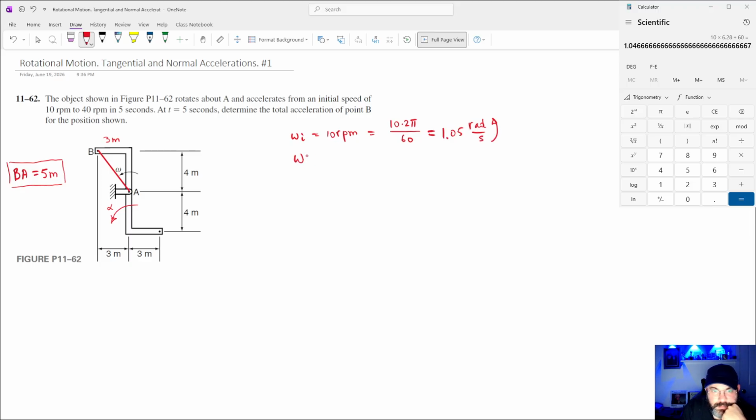And then we have our final velocity, 40 rpm, and this is 40 multiplied by pi divided by 60. You could actually multiply this by 4.